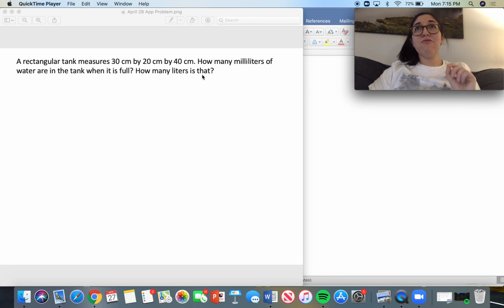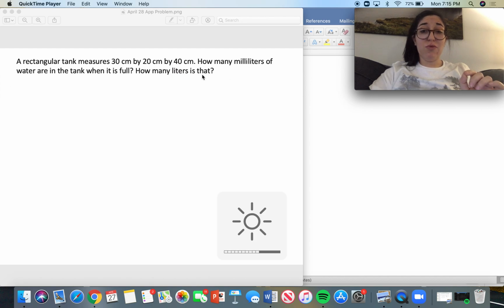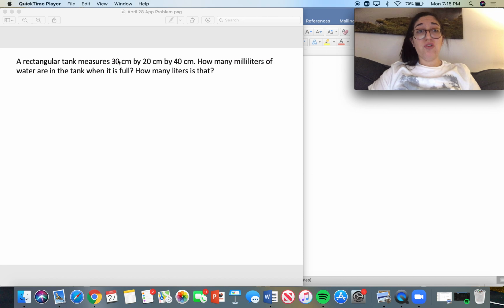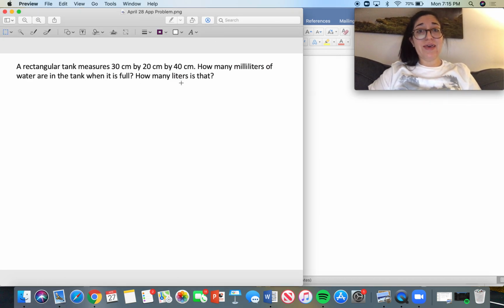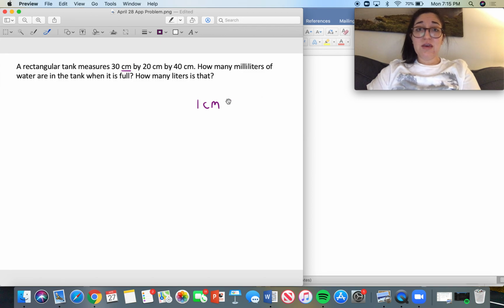So there's something very important that we need to know here before we get started, and it's actually not something that we've talked about in class yet. So I'm just going to quickly touch on it, and that is that when we're using centimeters, if I have 1 centimeter cubed, which is like an amount of space, so that means that I've got this one tiny little rectangular cube.